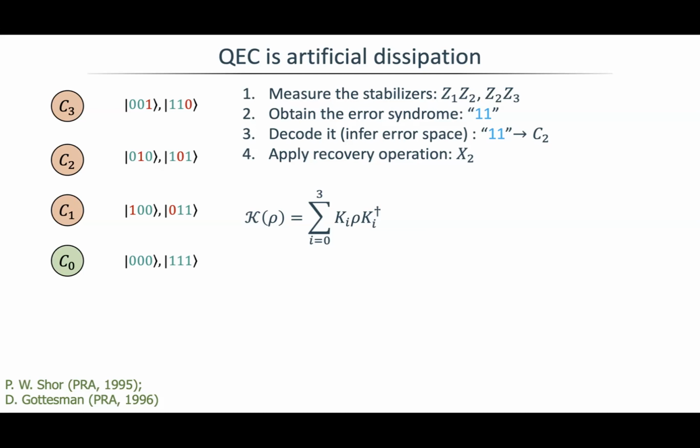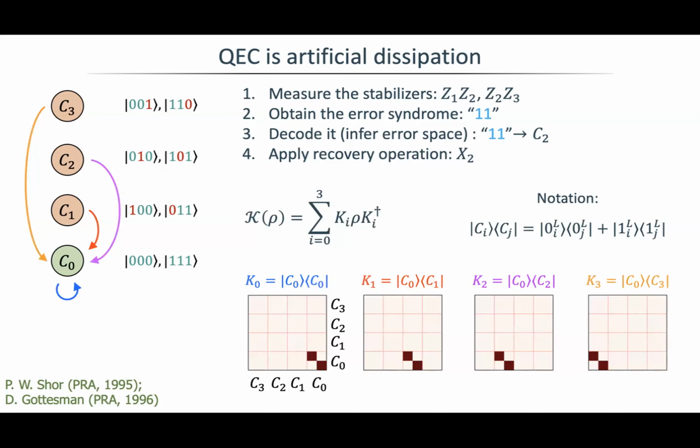There are 4 Kraus operators because they correspond to 4 different syndromes that we can get in this circuit. And so these are these Kraus operators. The first one is just a projector into the code space. It corresponds to the syndrome which tells us there is no error, so we don't need to apply any recovery.